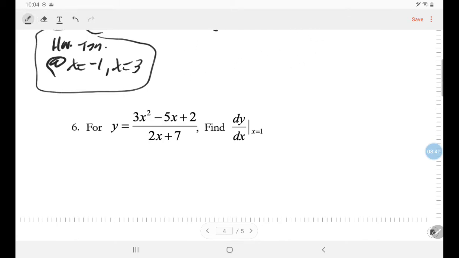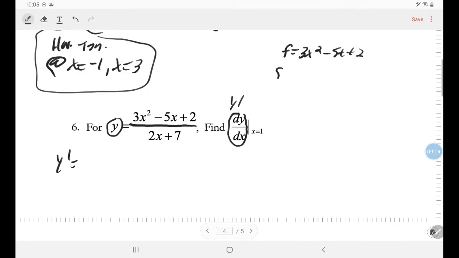Okay, a little calculus notation here. First off, I hope you see that I'm looking to find dy dx. This is y, so dy dx, same thing as saying y prime. So that much I know I'm going to have to do quotient rule because of this division. So again, my f, my top function, 3x squared minus 5x plus 2.